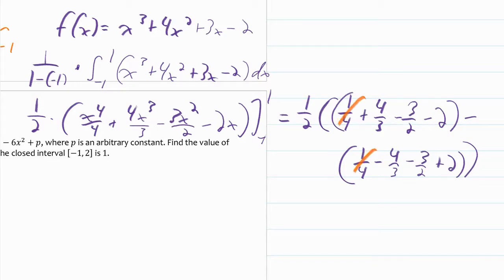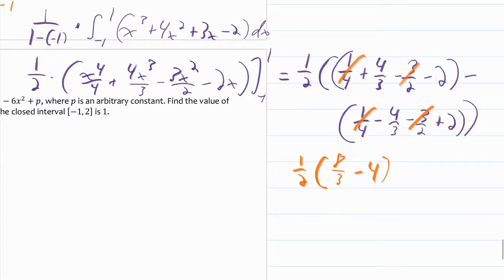The 1/4s go away. You get 1/2 times the 4/3 becomes an 8/3. The 3/2s go away because those are opposites, and then minus 4. So 1/2 times, this would be 8 minus 12, or -4/3. You'd end up with -2/3.